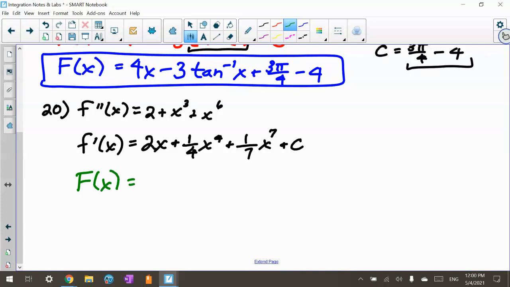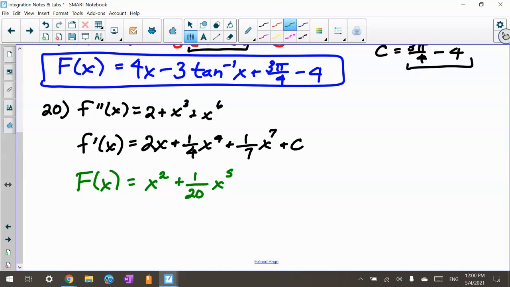So when I keep going and do the antiderivative yet again, I'm going to get x squared because I add 1, multiply by 1/2, plus add 1, so that's 5, multiply 1/4 times 1/5, so that's 1 over 20, x to the 5th.